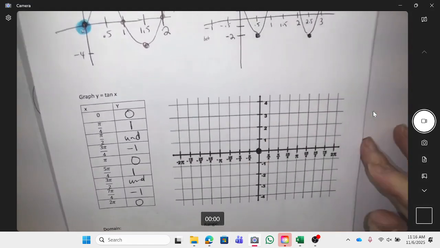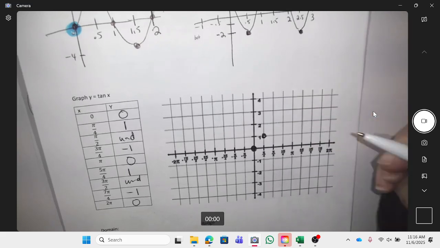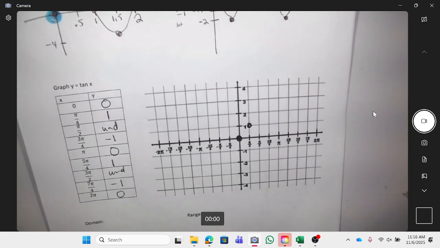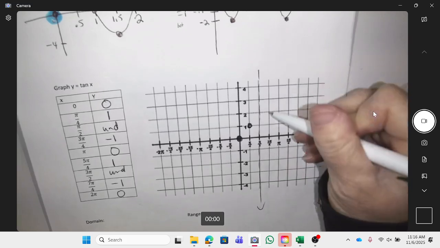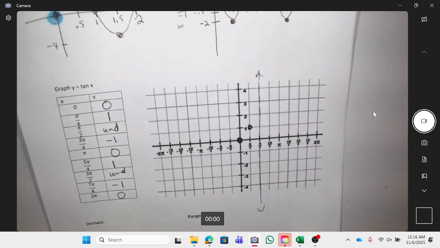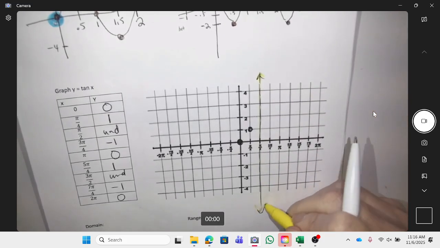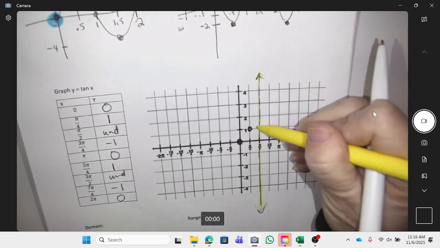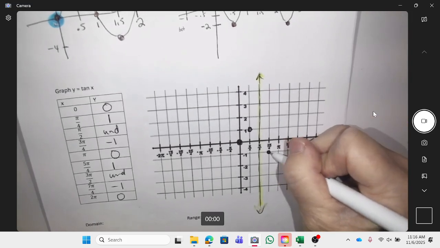Okay, so I'm going to graph these points. I'm going to go 0, 0. Pi over 4, comma 1. Asymptote. There's an asymptote there. Now I'm at -1.